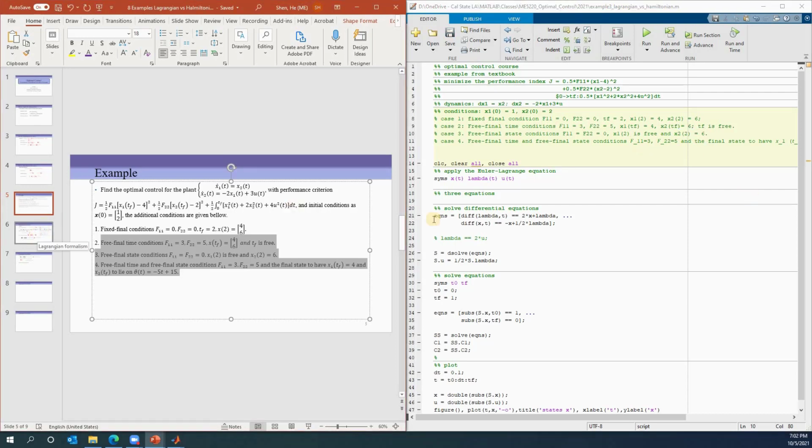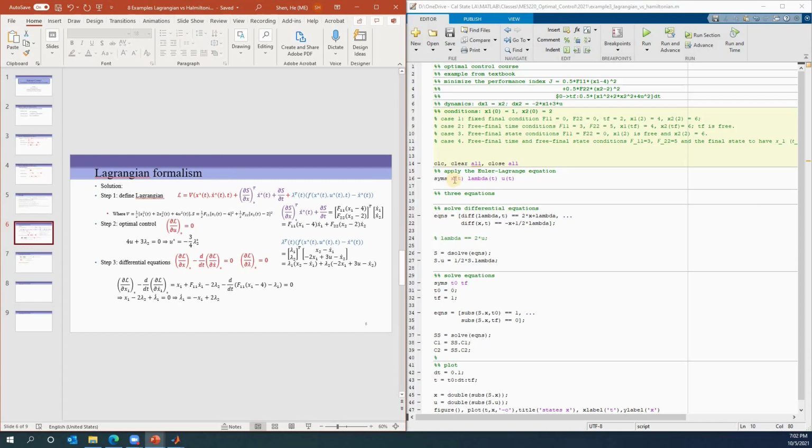Come back to our differential equations. So we first define some symbols. The first one is x1 as a function of t, and x2 as a function of t, and lambda 1 as a function of t, and lambda 2 as a function of t, and u of t. So these are the symbols that we have, right? And the differential equations, the first differential equation we have is here. Lambda 1 dot is equal to negative x1 plus 2 lambda 2. Let's just write it out.